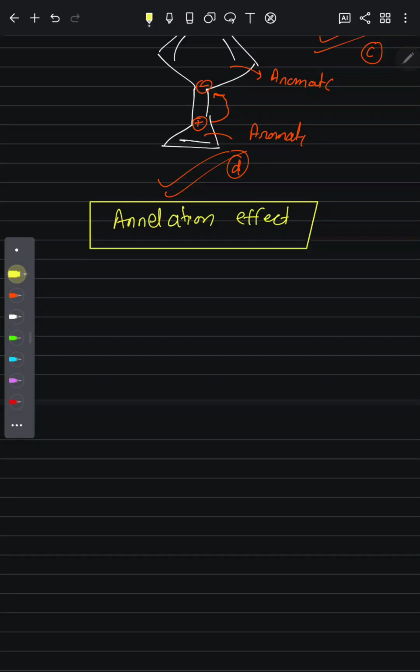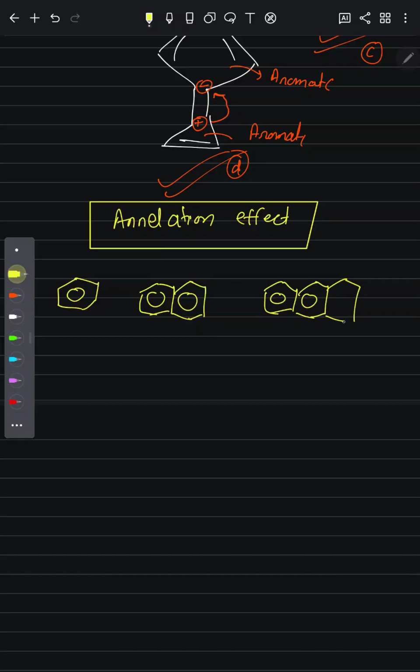It is the tendency of the aromatic ring, in which, as we can see, if one aromatic ring is present, and two aromatic rings are present, and three aromatic rings are present, so according to conjugation, it has more conjugation and these also have more conjugation, so it should be more stable, but this is not happening. The stability will decrease and the aromaticity per ring is reduced, so the ring becomes selfish.